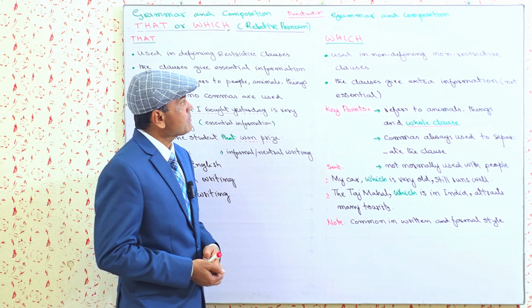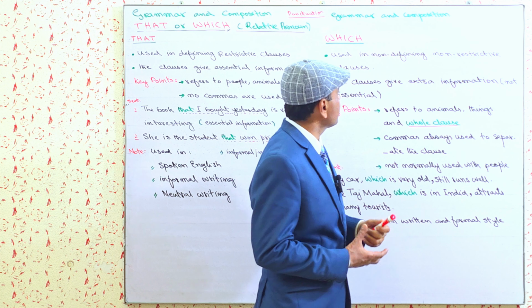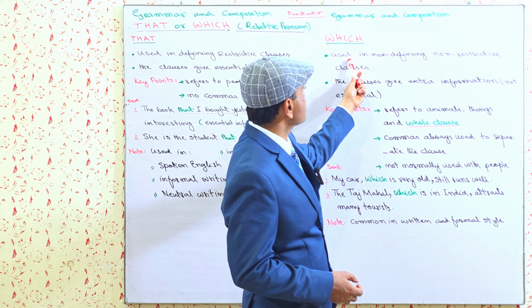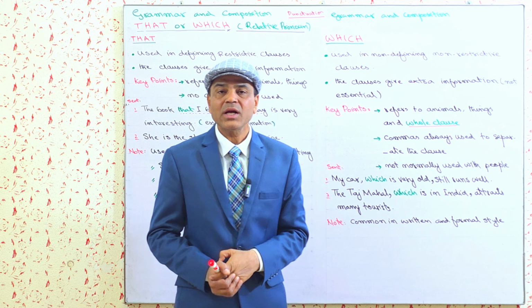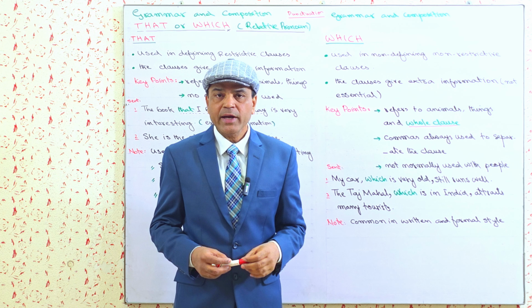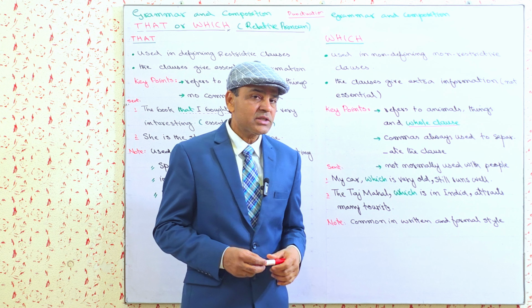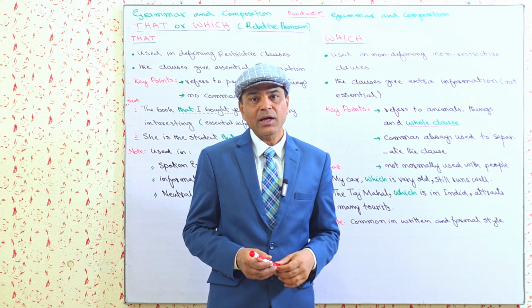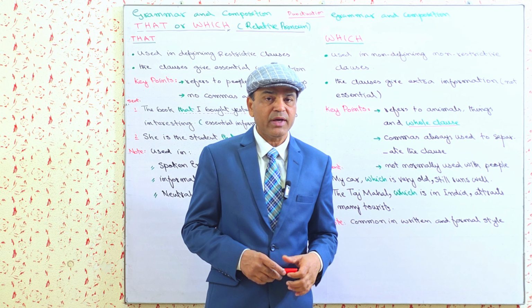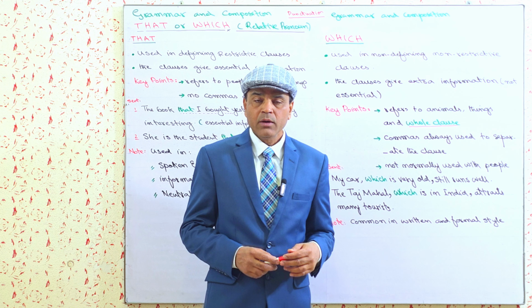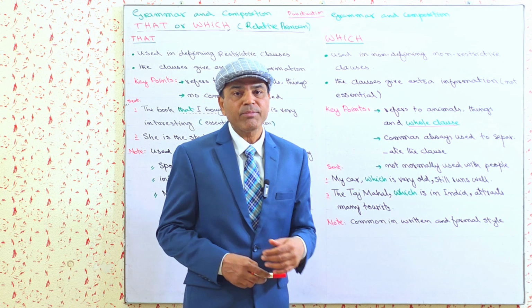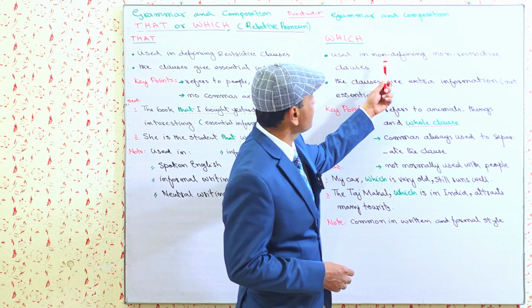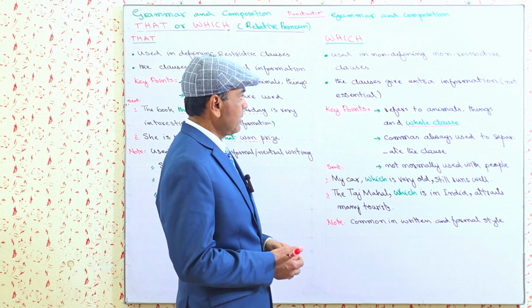But as far as the word which is concerned, it is used in non-defining or non-restrictive clauses. Non-defining and non-restrictive clauses. Mostly adjective performs this work when there's a question of noun. But in some cases, some clauses also perform the work of adjective, and we call them defining or non-defining.